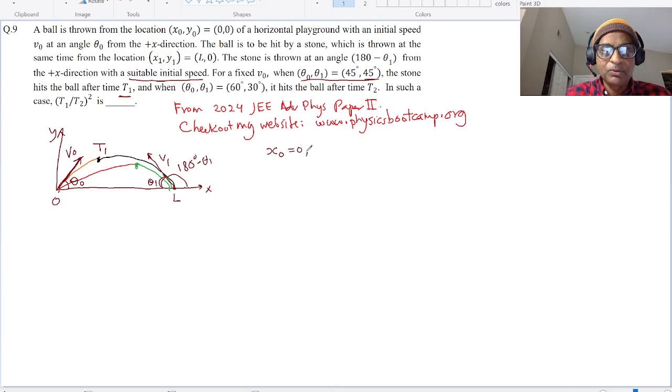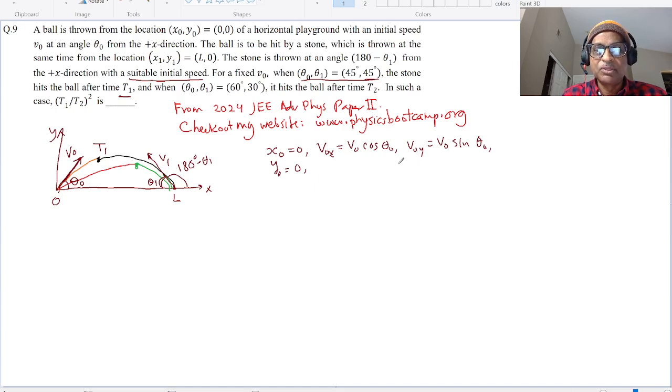So X0 is 0, V0x is V0 cosine theta 0, V0y equal to V0 sine theta 0, and y0 is 0.